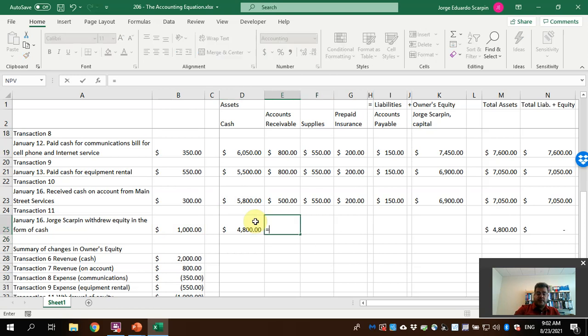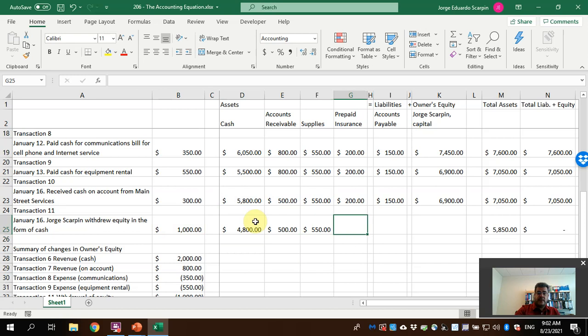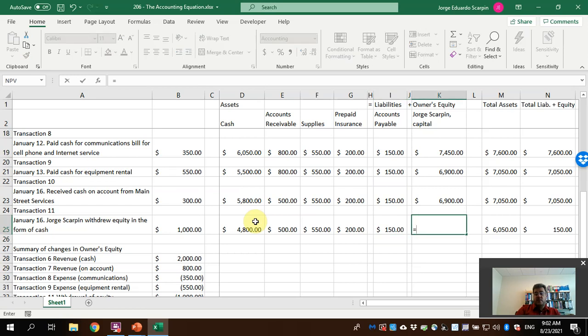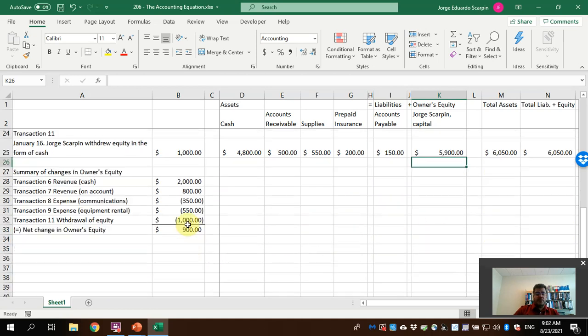Accounts receivable remains the same, supplies remains the same, prepaid insurance remains the same, accounts payable remains the same. Now we are decreasing our owner's equity. I, the owner, am withdrawing money. So a decrease in owner's equity of $1,000. So the net change in owner's equity is $900.